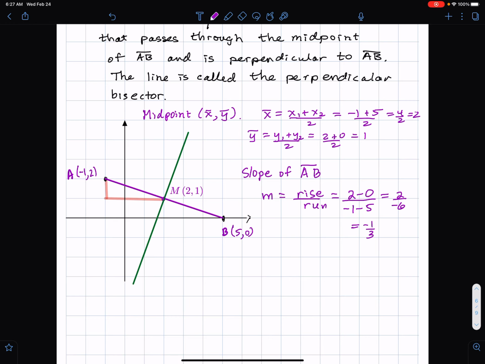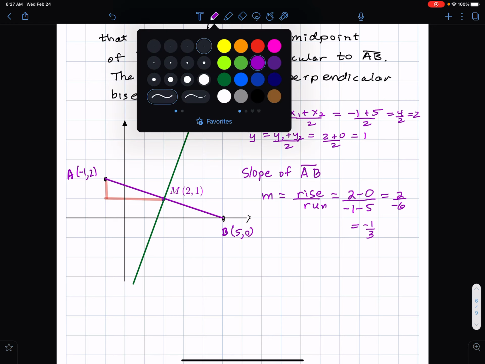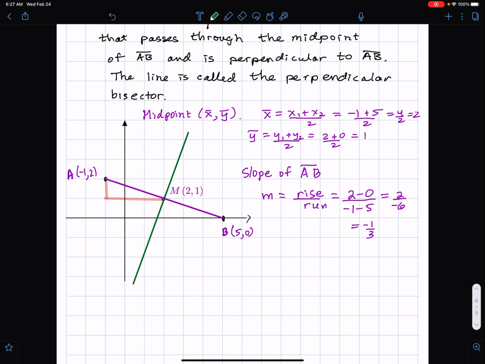Now, the line that's perpendicular, I'll denote that slope as m perp, and that's going to be 3 over 1, which is the negative reciprocal of -1/3.